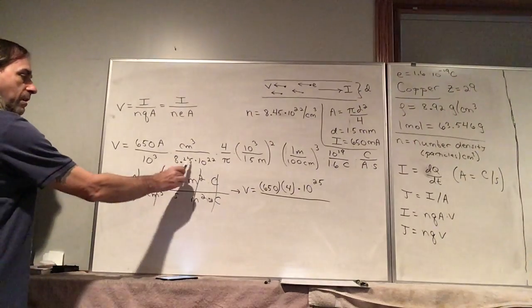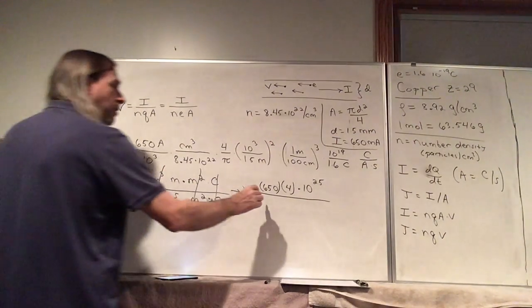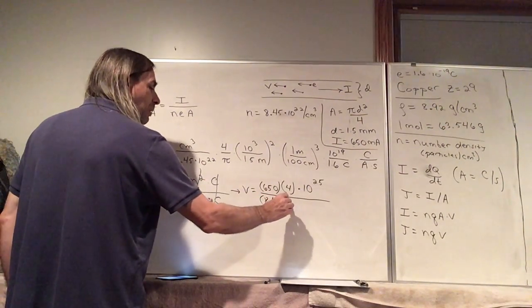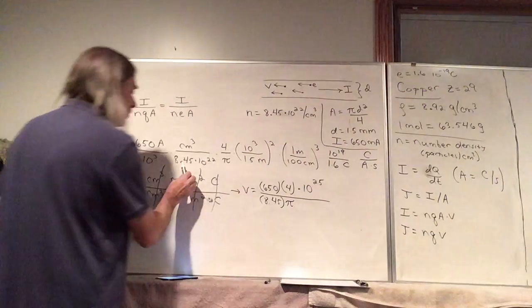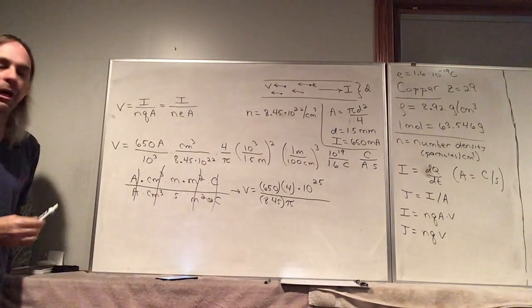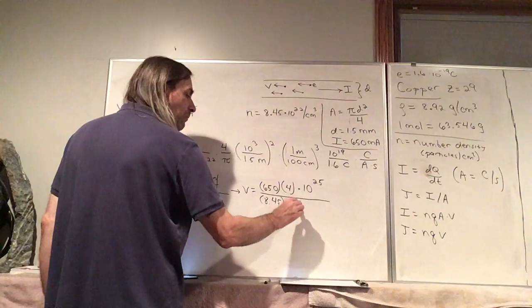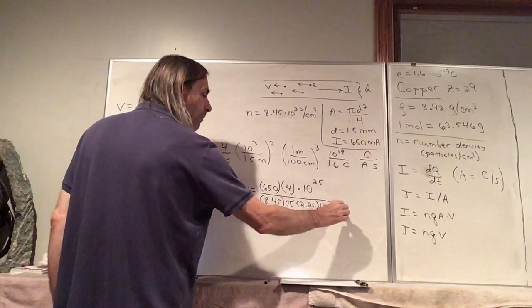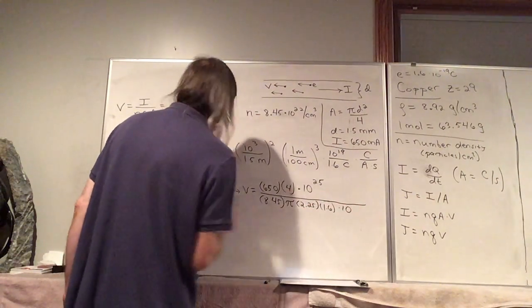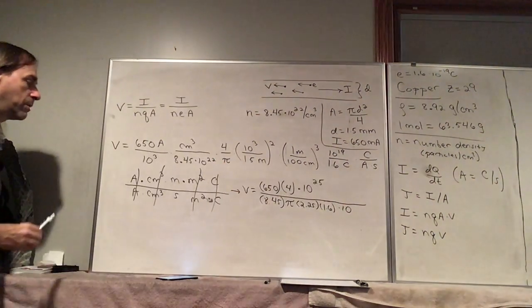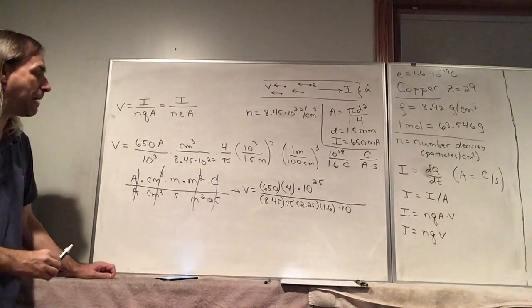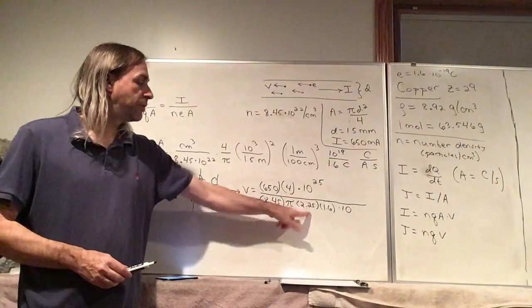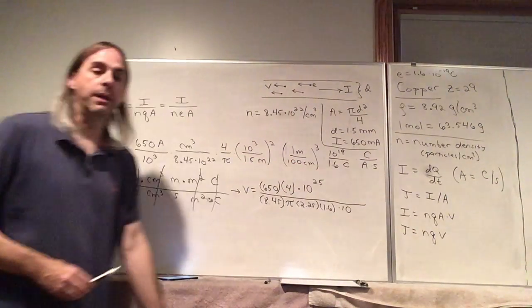Now on bottom, let's ignore the 10 to the whatever power for now. We have 8.45 pi, 1.5 squared is 2.25, and then we have 1.6. So again, we're ignoring 10 to whatever power for now. So 8.45 pi, 1.5 squared, and 1.6.